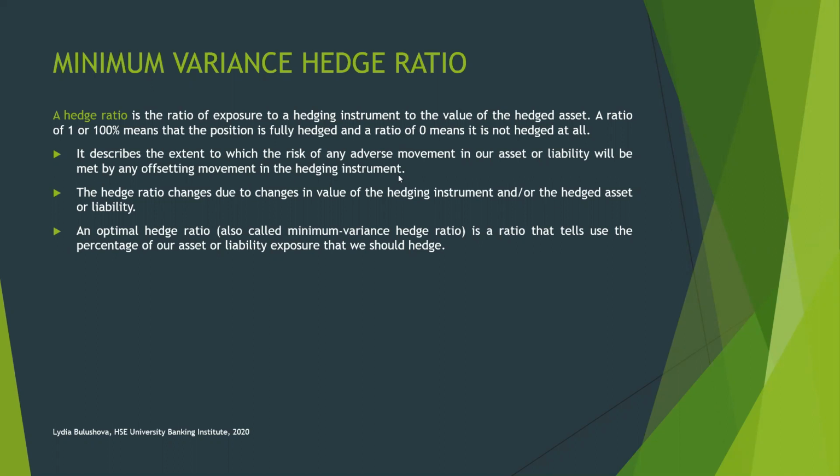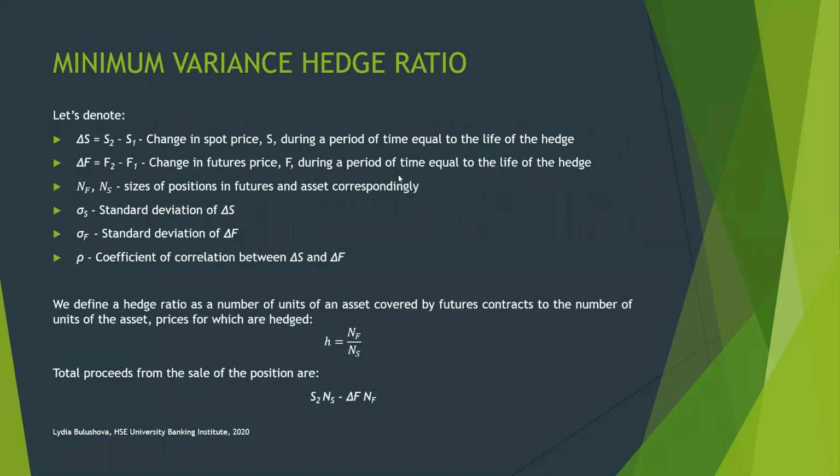Let's have a look at some formulas. We denote with delta S the change in the spot price of an asset. We denote with delta F the change in the futures price.